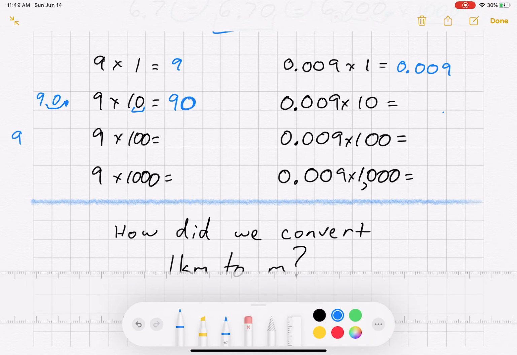Again, if I had 9.00, I could say I'm moving that decimal through 2 places because of the zeros, or when we multiply, we can say that we're adding those 2 zeros because I've multiplied the 9 by the 1, the 9 by the 0, the 9 by the 0, right? And same here, 9 times 1,000 is 9,000.